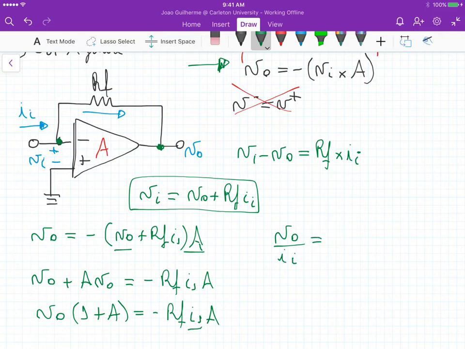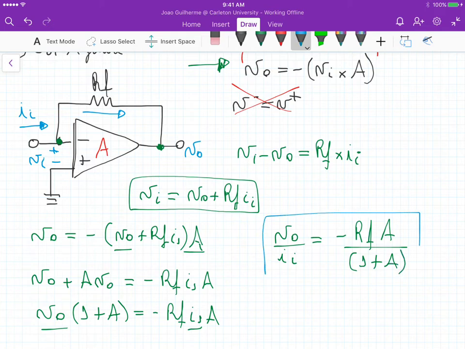We can isolate that in this equation, so it equals minus RF A divided by 1 plus A. Okay, so that's the transresistance for a finite open loop gain A.